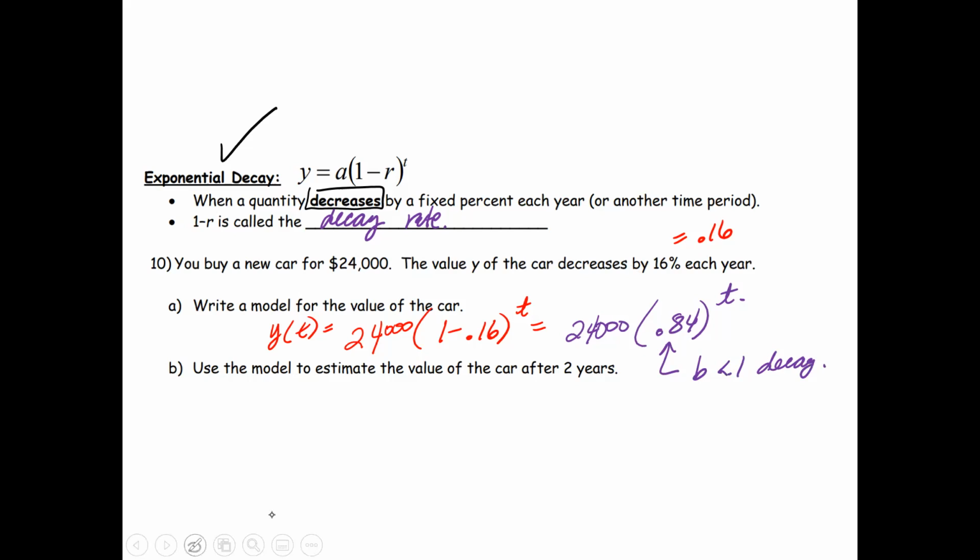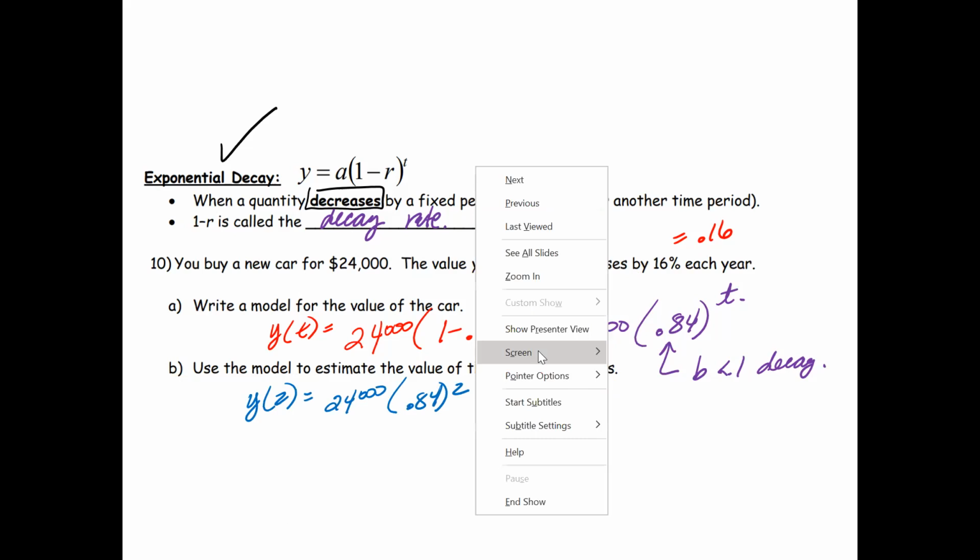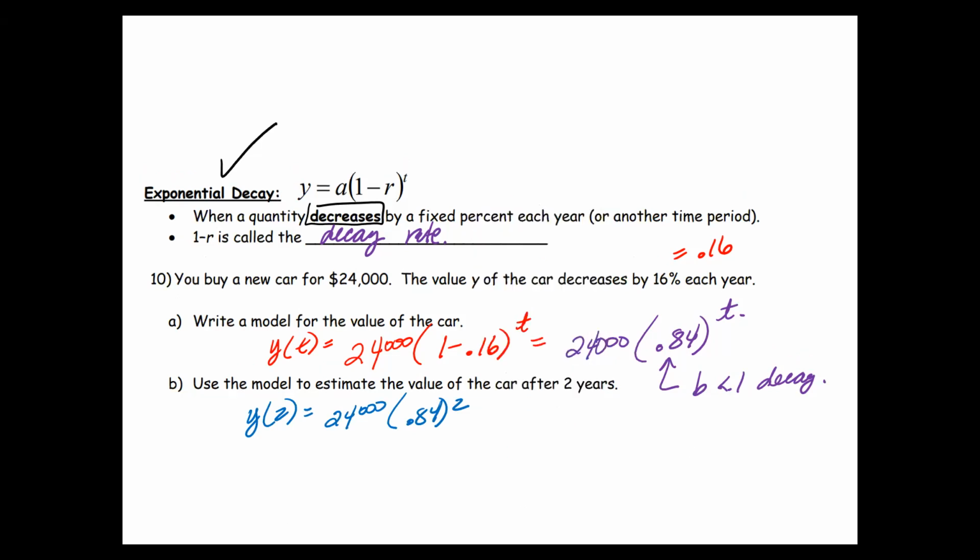So how much is your used car going to be worth after 2 years? So I'm going to do y of 2 is equal to 24,000 times 0.84 to the 2 power. With your calculator, we're just going to put 0.84 squared, because remember, we do PEMDAS, times 24,000.